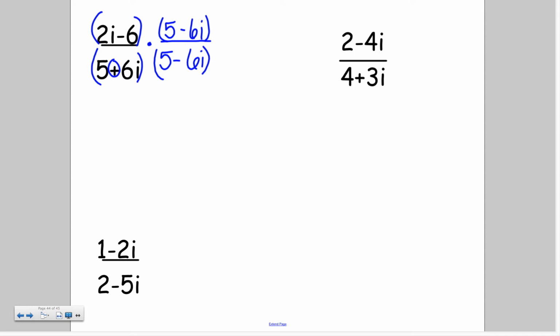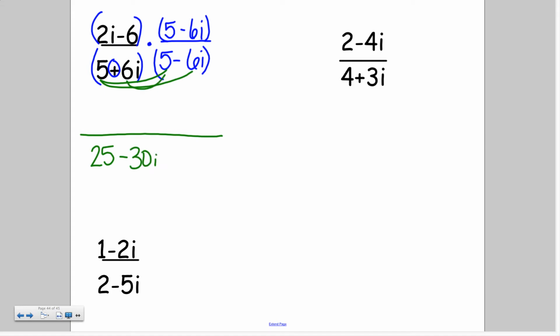Okay? And I'm going to do 5 times 5 is 25. Let me make this a little bit lower so that way you can see what's on top as well. So I'm doing the bottom first. So 25, and then 5 times negative 6i is negative 30i.